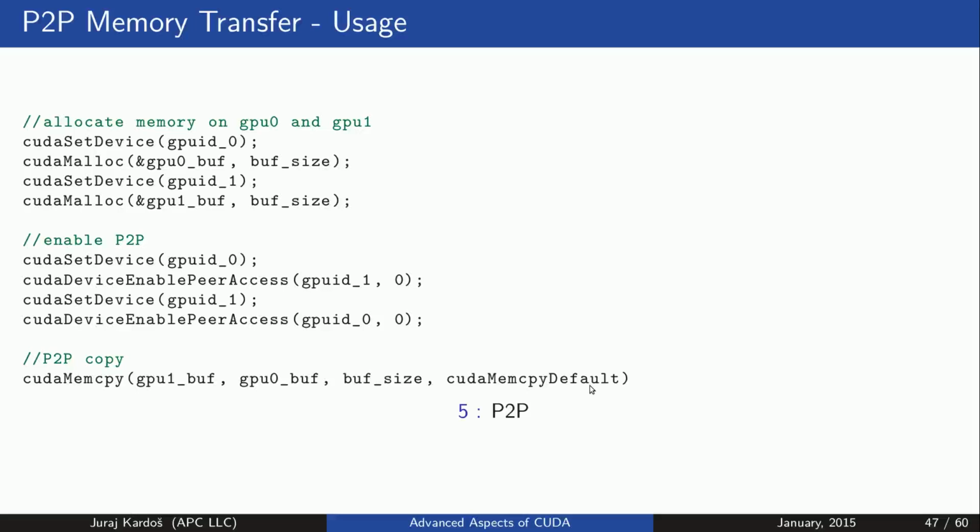Since CUDA engine can determine that GPU 0 buffer lies within the GPU 0 address space, and the GPU 1 buffer lies within the GPU 1 address space, we don't have to specify any more information regarding the direction of memcopy. You can also use this option instead of cudaMemcpyHostToDevice or cudaMemcpyDeviceToHost, in case your server supports UVA. However, it is good programming practice to specify the transfer direction.